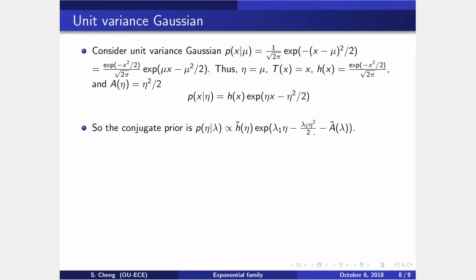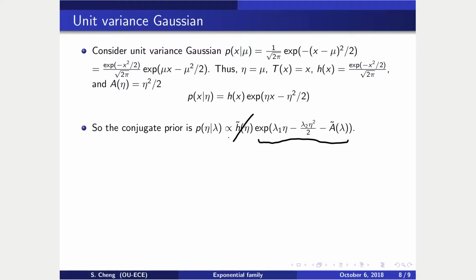Of course I have freedom of choosing what A tilde is here, and also h tilde. So let's say I just assume h tilde is a constant that does not depend on eta. Then if you look at this, it's basically just another Gaussian distribution in terms of eta, right?